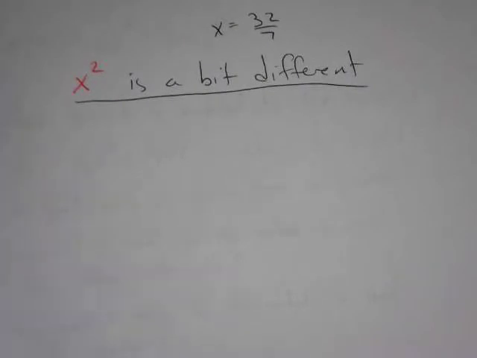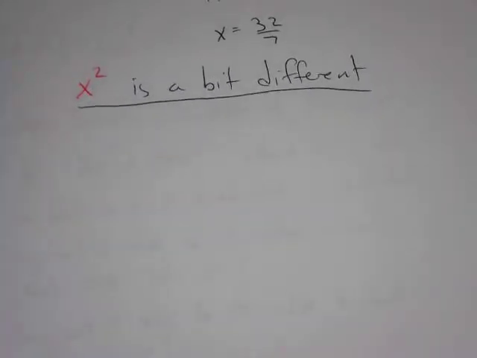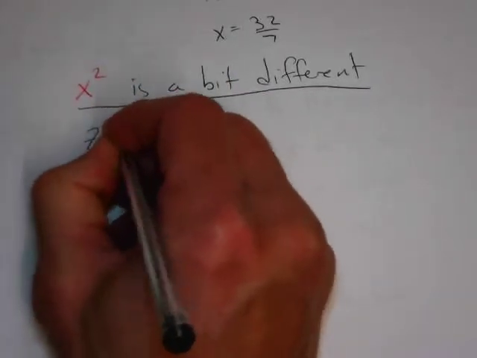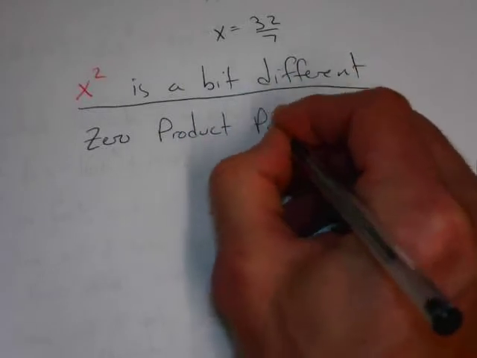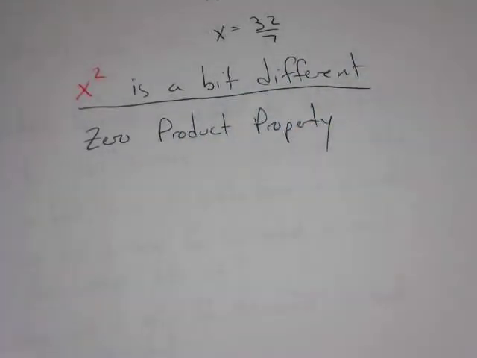We have to use a logic exercise in order to solve. Whenever we have a larger exponent than the first power, we have to use what's called the zero product property.